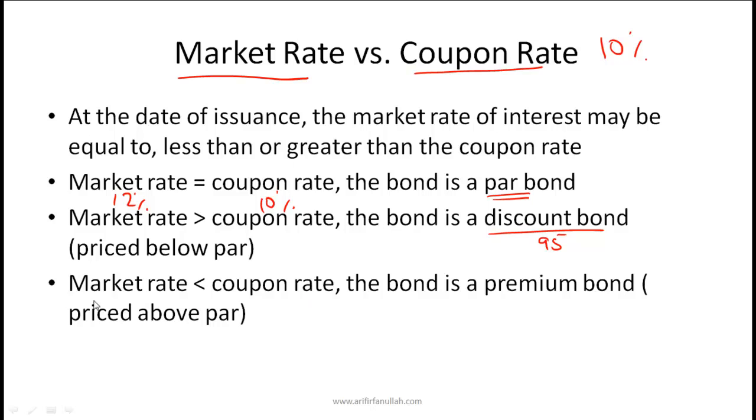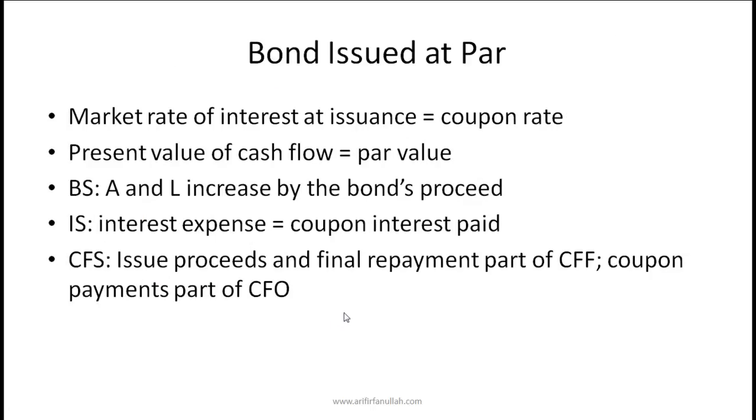On the other hand, if the market rate is less than the coupon rate, so the investors are willing to live with an 8% interest rate for this issuer, this means that the credit rating is very good relative to the coupon rate. Then the bond is a premium bond, which means that it is priced above par. So the company might actually raise $105 for a $100 par bond.